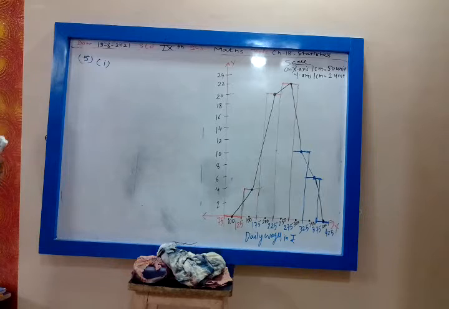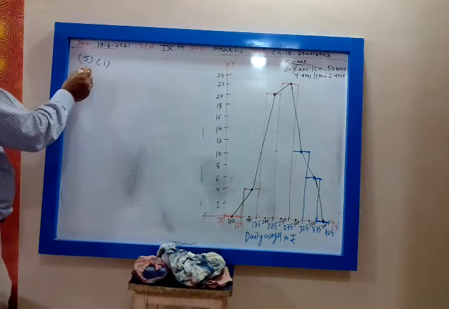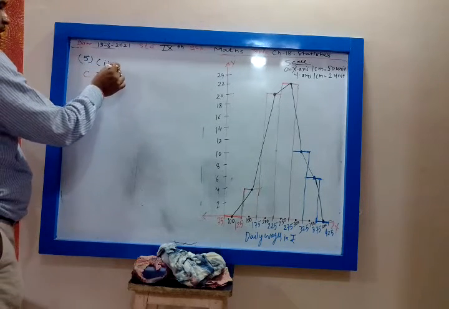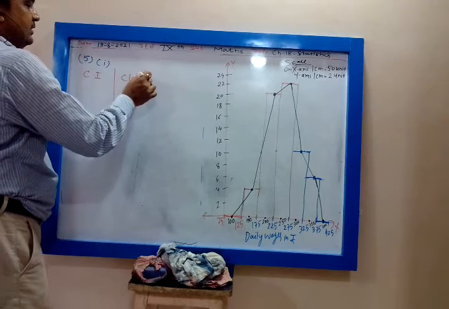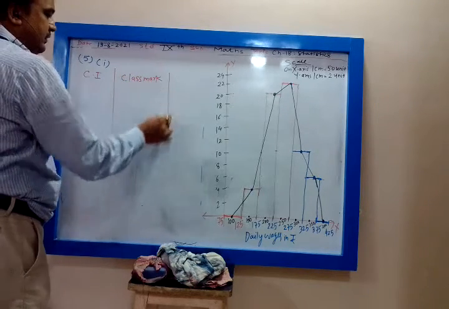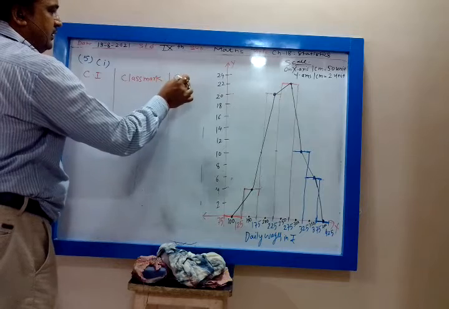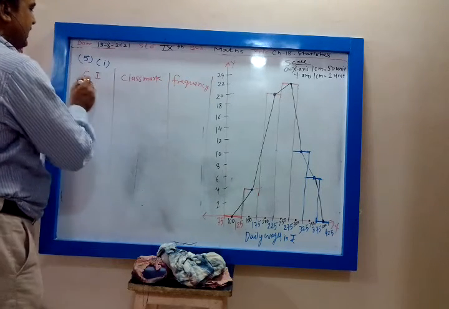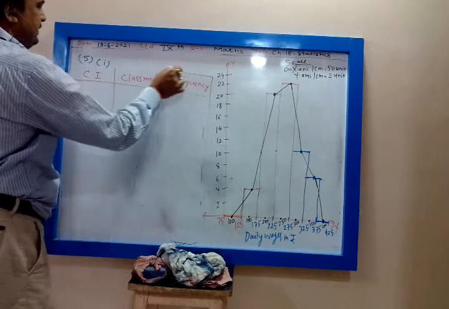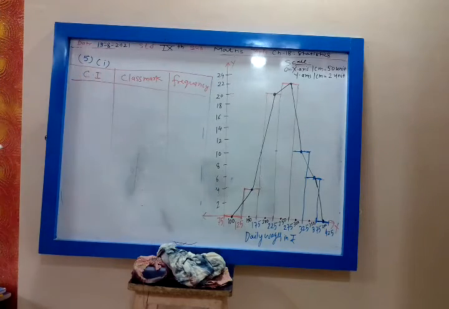So that is the class interval. Then we find the class mark. Class interval, class mark, and frequency. The class interval is given, the frequency is given, and we have to find the class mark.